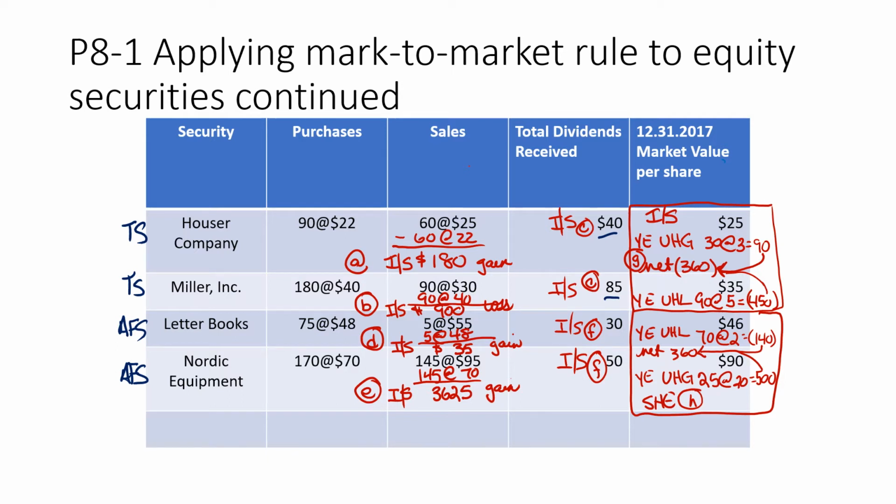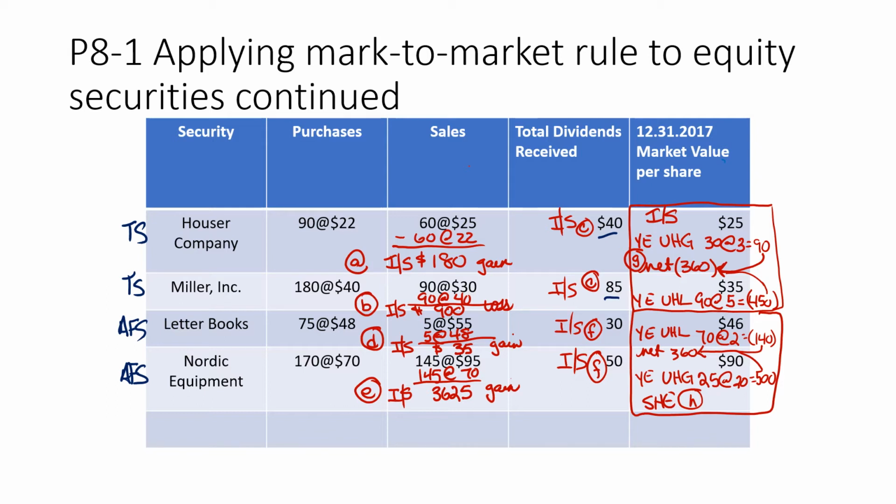Our second trading security, Miller, was purchased during the year, and we bought 180 shares at $40 a share, where we debited trading securities and credited cash. During the year, we sold 90, or half of those shares, at $30 a share.